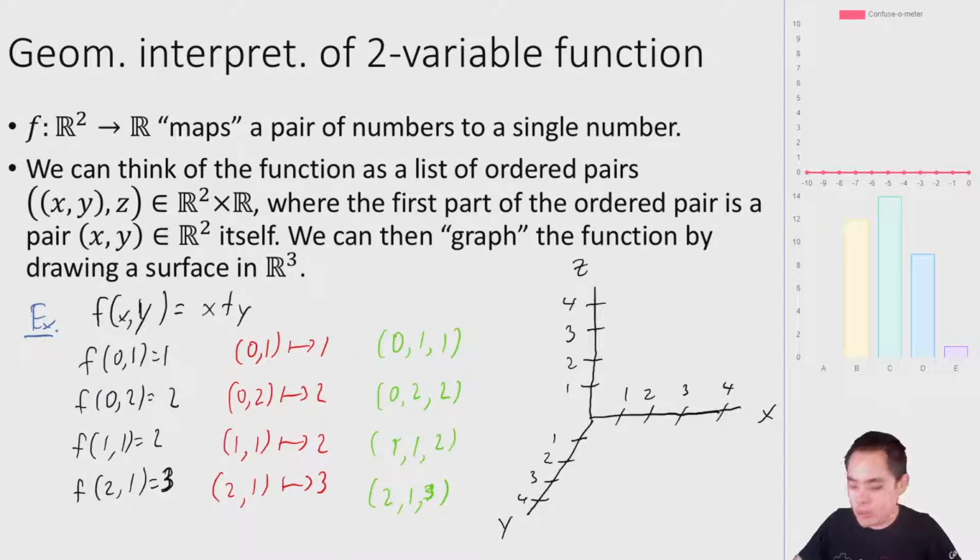So when you're drawing this out, the first thing you do is draw out a particular point. Let's draw out this 2, 1, 3 point. So on the x-axis, you go forward 2, and then you go down to this point. So this point here is the point 2, 1 on the xy plane, and you have to go up 3.